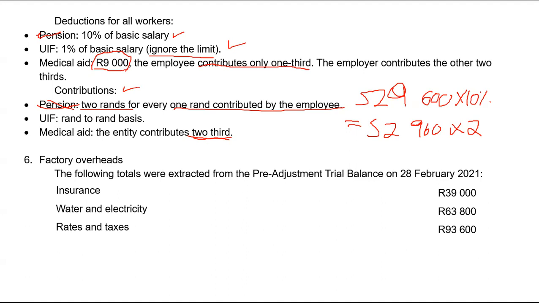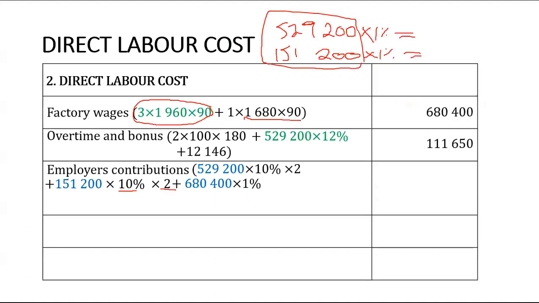I'm going to take the medical aid that was paid by each employee. Well, we have 4 employees. I will first take the 9,000 times it by 4 employees, and whatever the employee contributed, we're going to contribute 2 of that. Note that the 9,000 here is the 1/3. It is not the total, it is the 1/3.